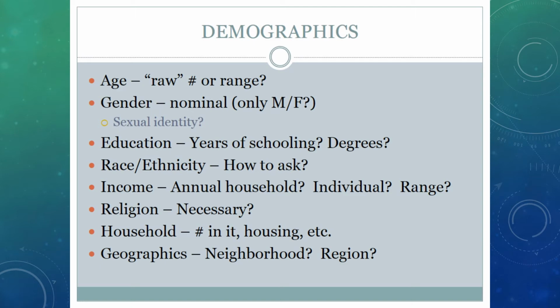A GED, high school diploma, and so on. So how much information do you really need from that? Do you want less than high school, more than high school? Is that enough? That's going to depend on the group you're surveying.